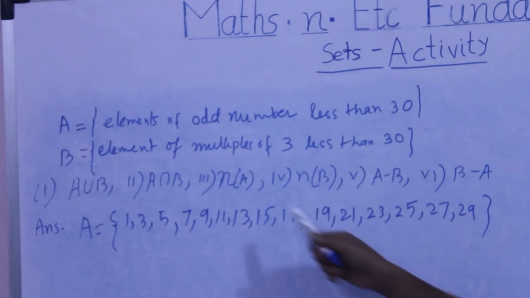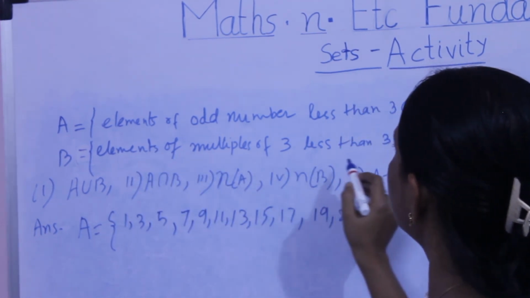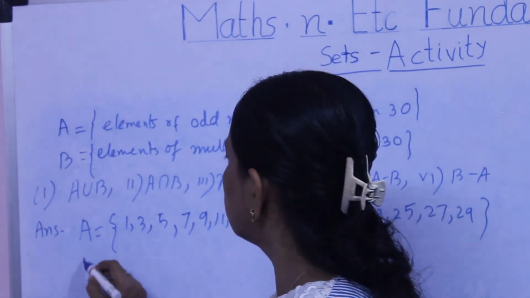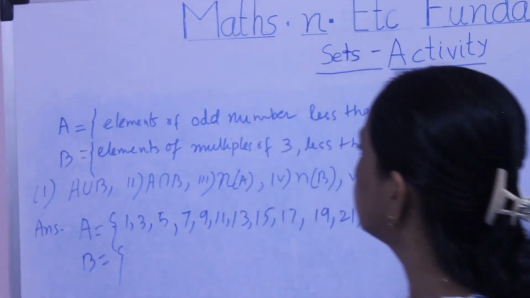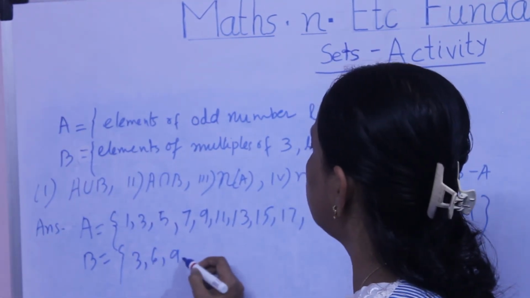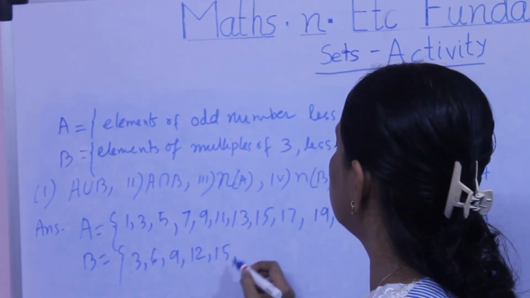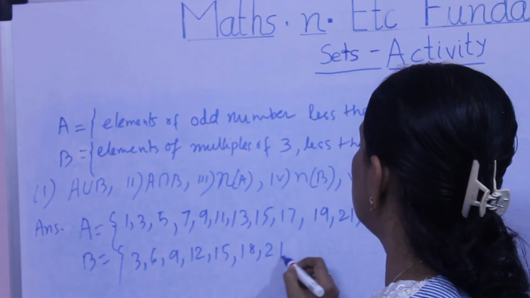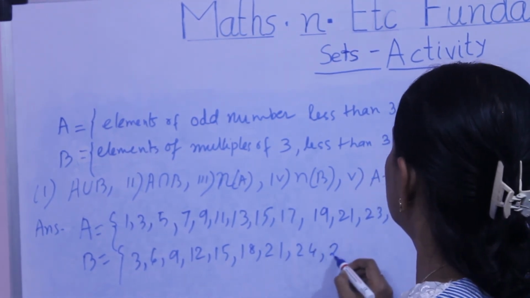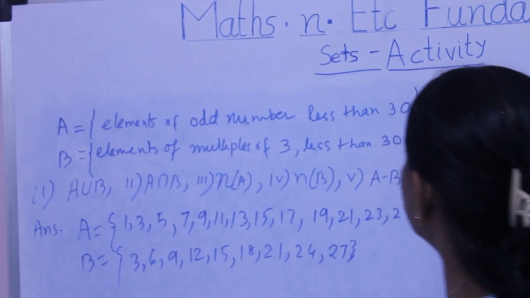Okay? Now, elements of multiples of 3 less than 30. So set B equals 3, 6, 9, basically the table of 3, 12, 15, 18, 21, 24, 27. We will not include 30 because it is not less than 30.